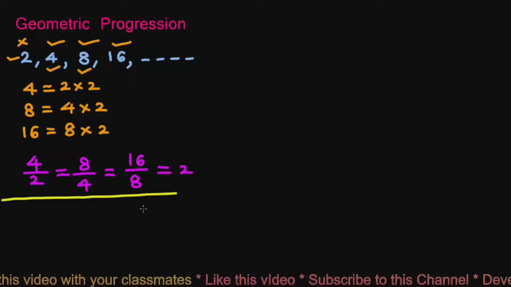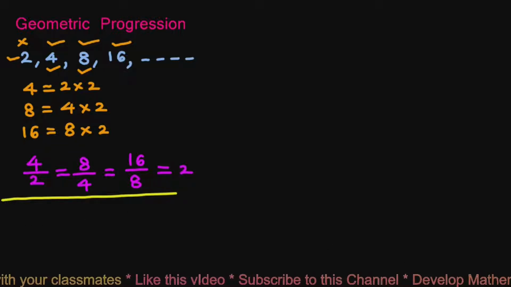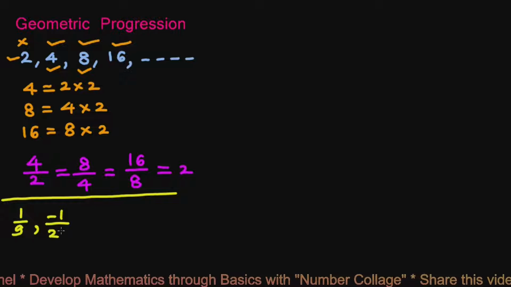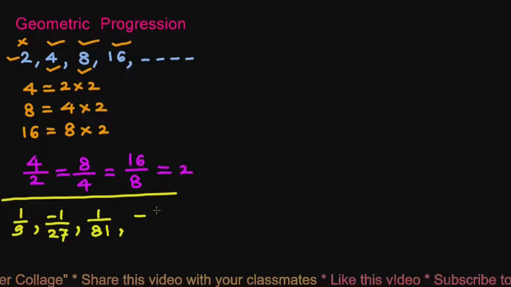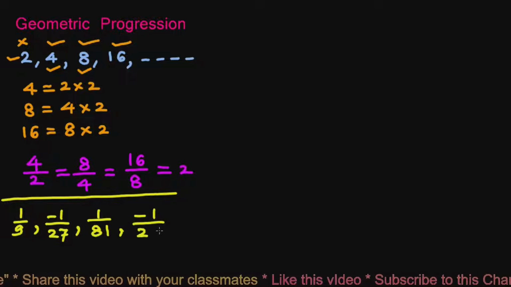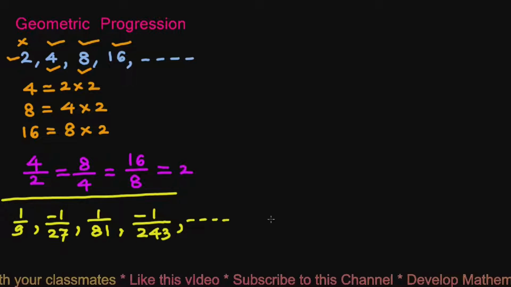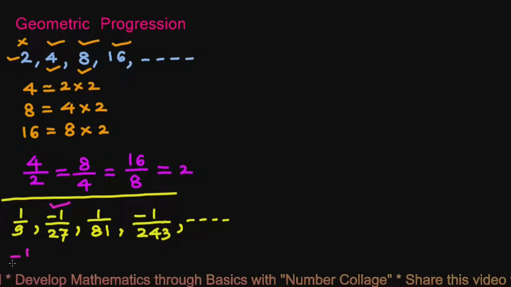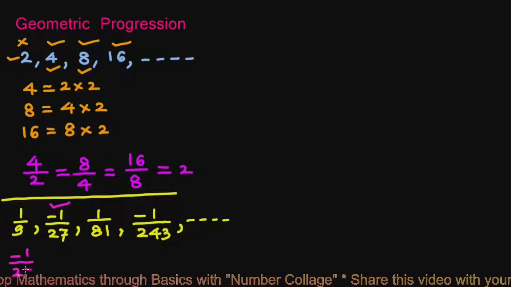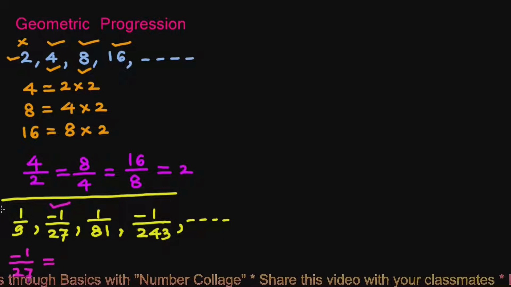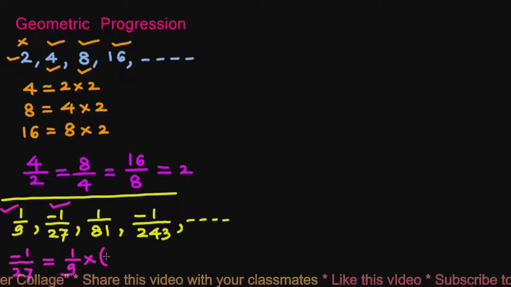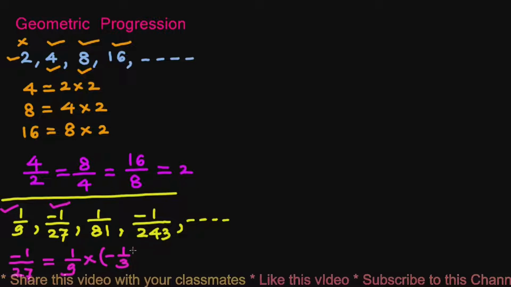Now let's consider another sequence, which is 1/9, -1/27, 1/81, -1/243, and so on and so forth. Here we can obtain the second term -1/27 by multiplying its previous term 1/9 by a fixed number -1/3.